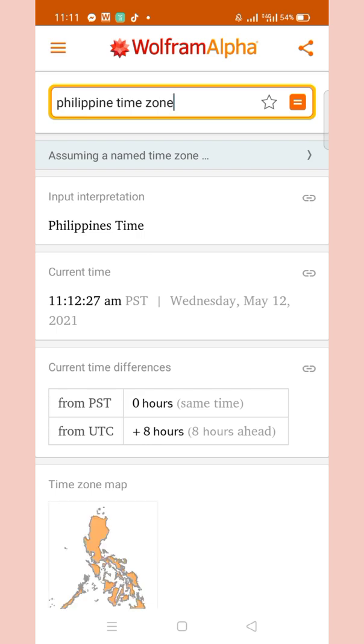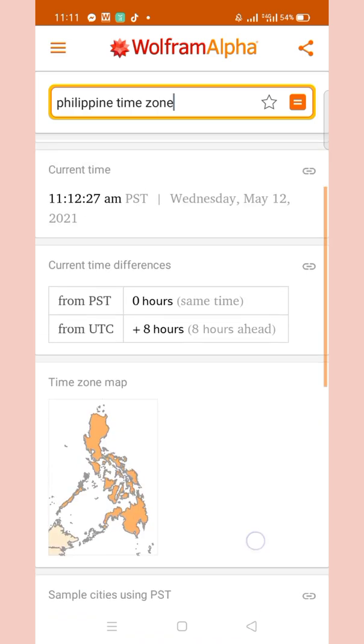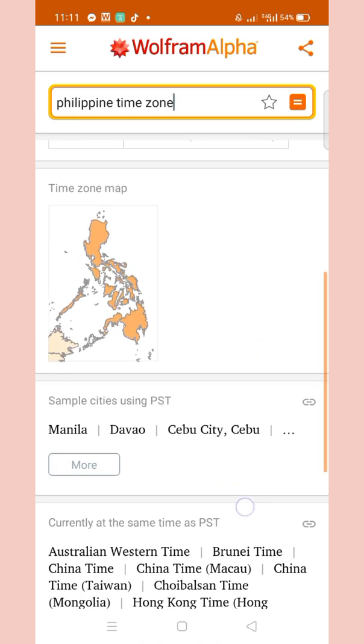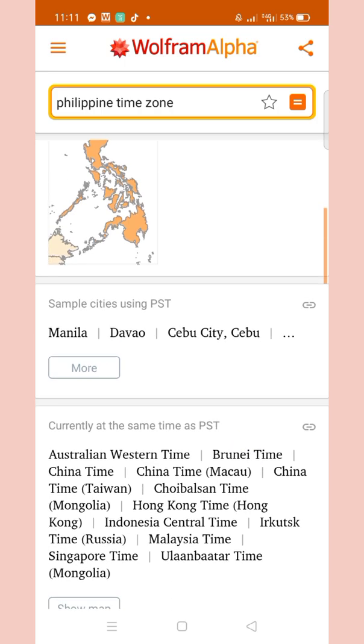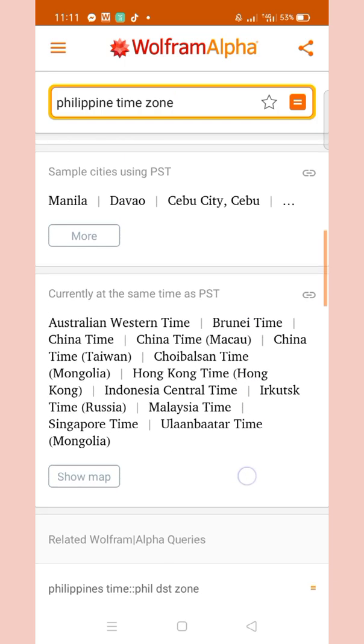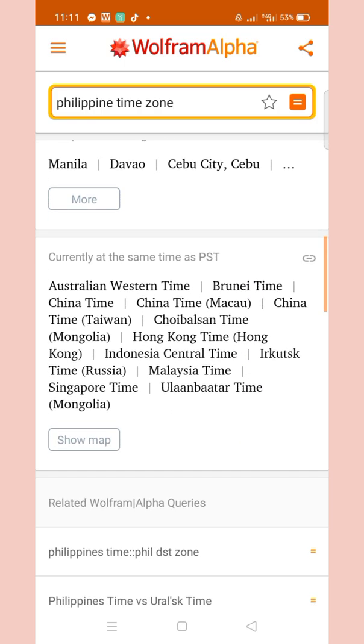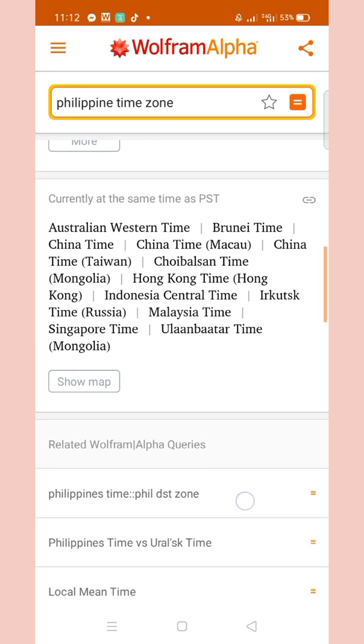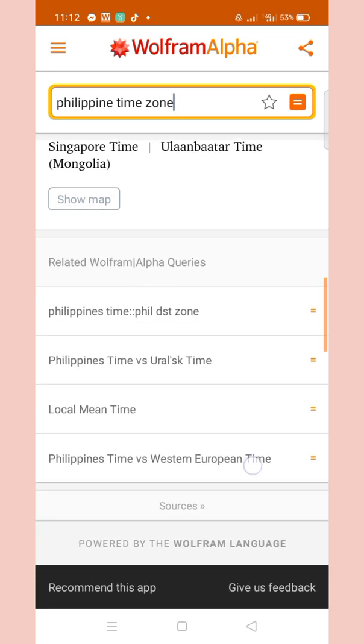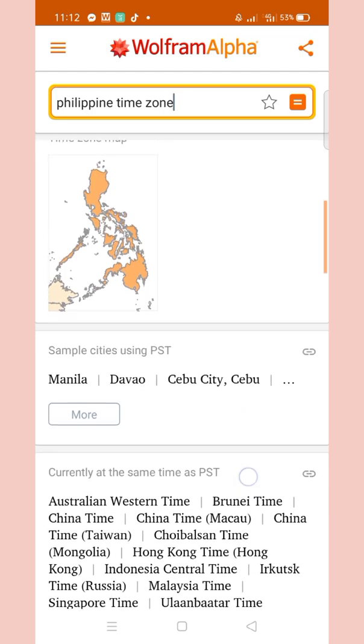So Philippines time, current time 11:12 AM, then Manila, Davao, Cebu City, Cebu. Currently at the same time as Philippines are these countries.